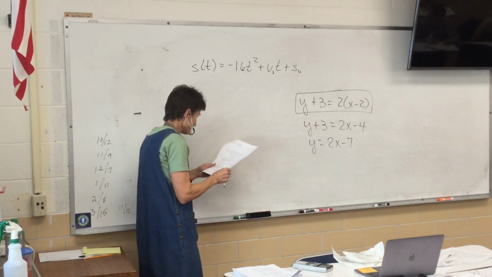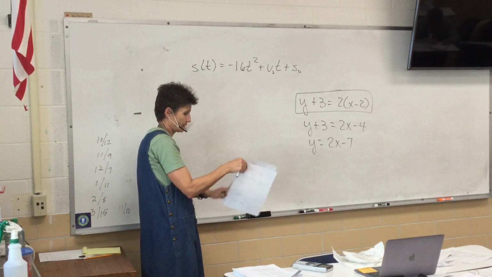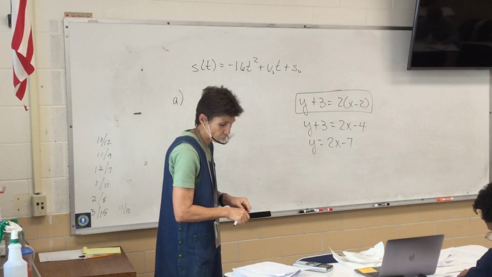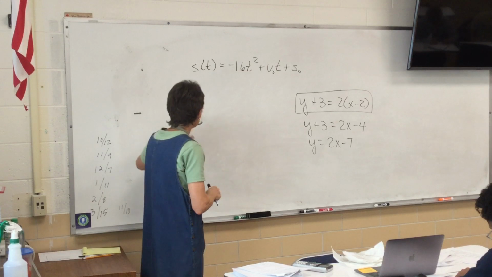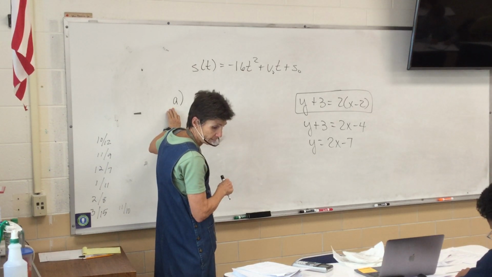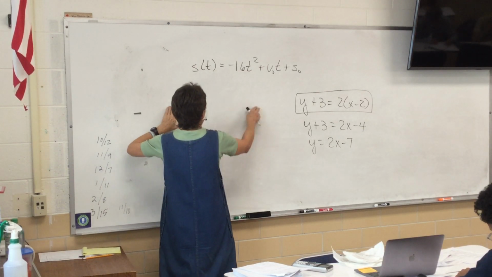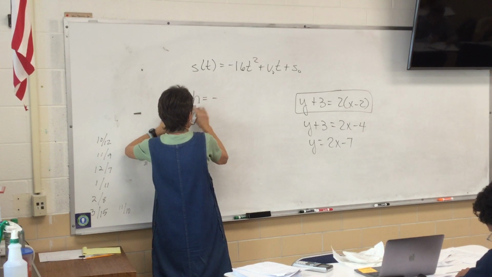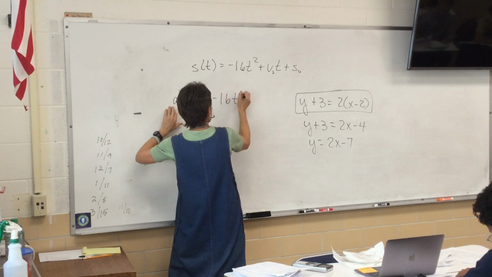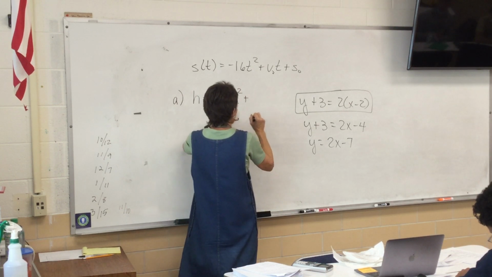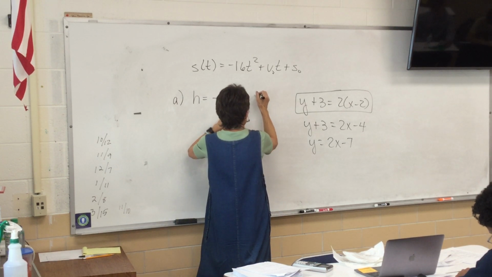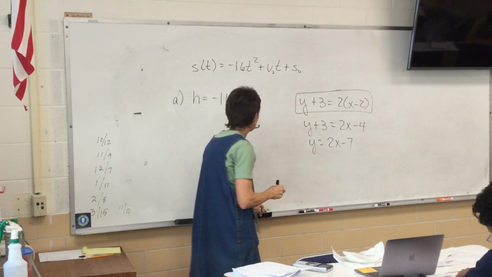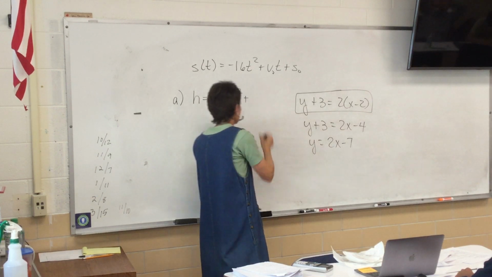All right, so back to number 8A. Write the equation for this problem. All right, here we go. What's it going to be? Read it carefully. So h equals -16t squared plus 80t plus... this won't be 20, that's going to be 80.